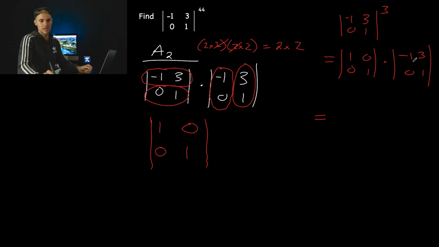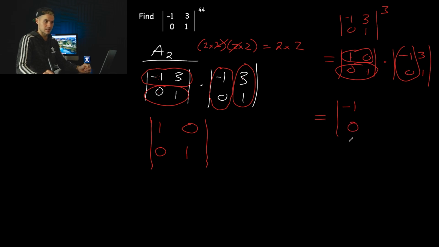Basically, an identity matrix times the original matrix is going to be the same thing, but let's see what we get. First row, first column: 1 times -1 plus 0 times 0 is -1. Second row, first column: 0 times -1 plus 1 times 0 is 0.